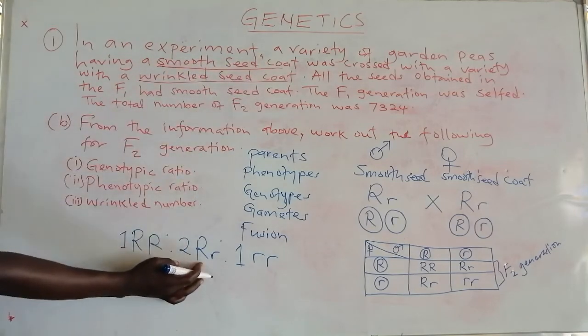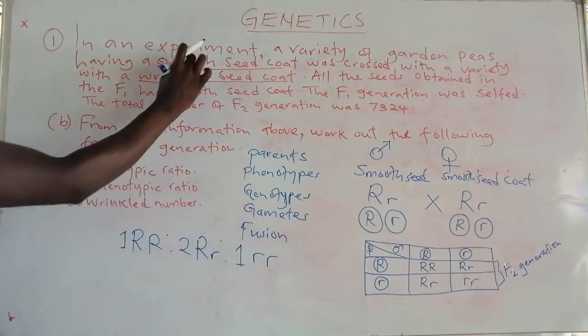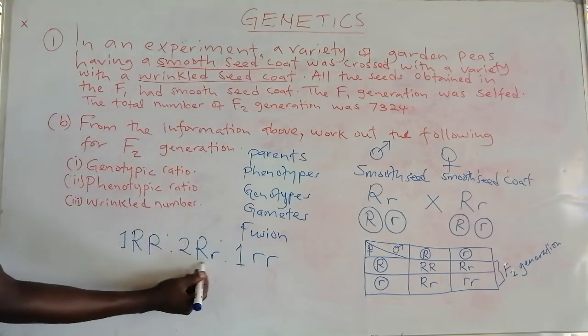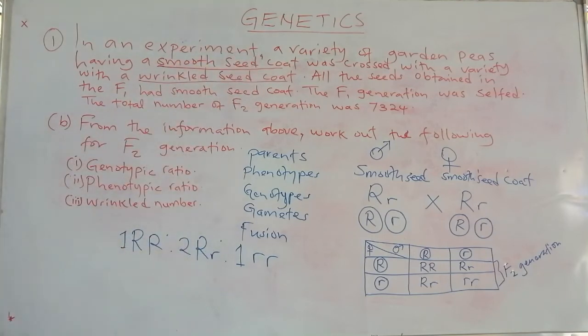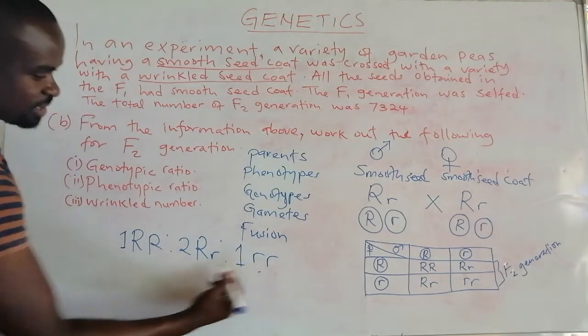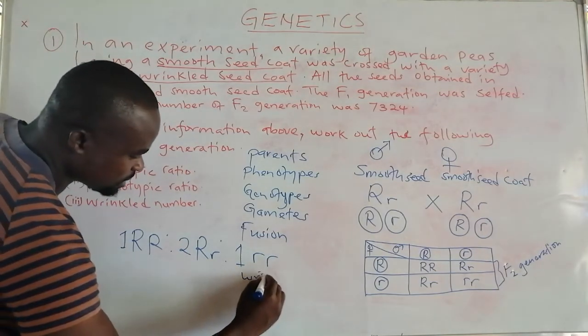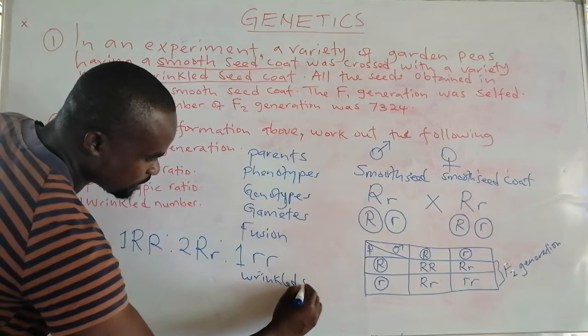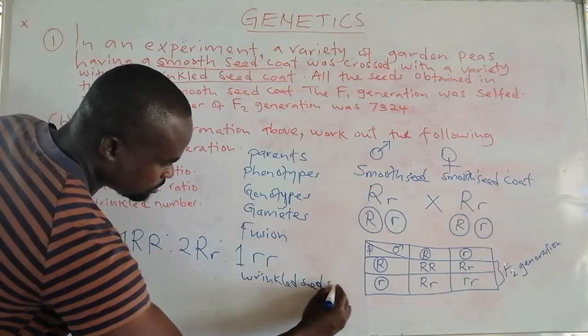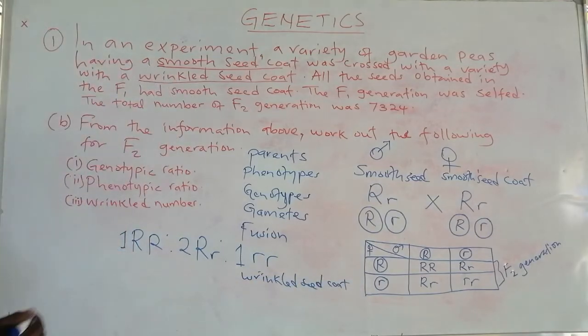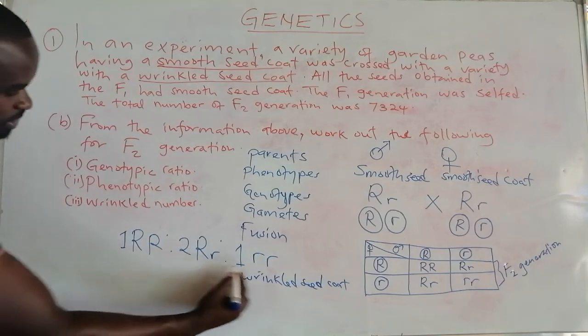This one is heterozygous, but still smooth seed coat because capital R is dominant over small r, and then this one represents wrinkled seed coat. So when you are asked about genotypic ratio, this will be our genotypic ratio.